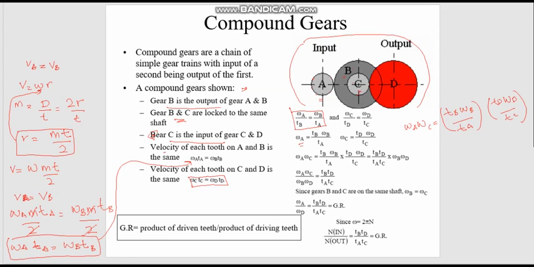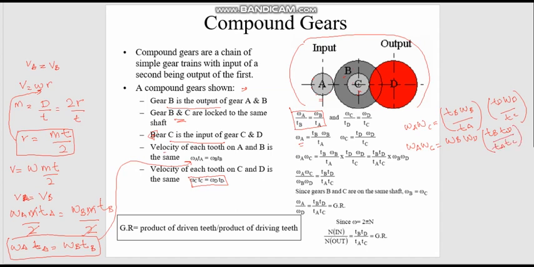And if we simplify and rearrange this equation, this is equal to omega B omega D times TB TD over TA TC.